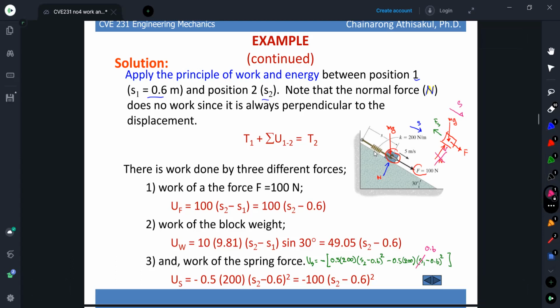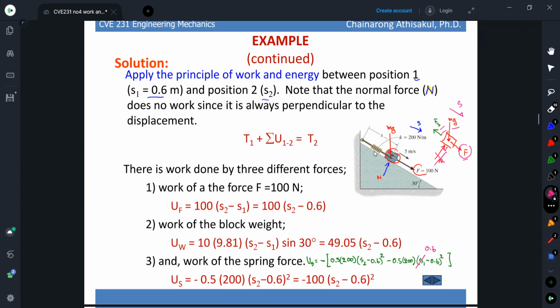The work done in this system comes from three forces: the applied force F, the weight mg, and the spring force. For the weight, we have to decompose it into the direction of the displacement.